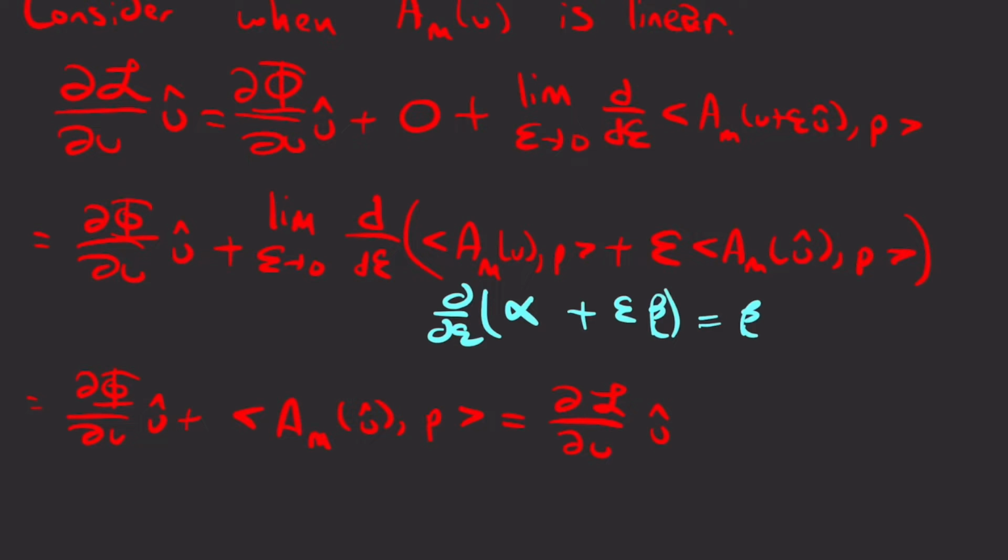Now, if I want to actually compute the Frechet derivative of this, in other words, I want to abstract out this u hat: we've computed the Gateaux derivative in the direction u hat, but if I want the Frechet derivative, and the adjoint equation is setting this to be 0 for a stationary condition, I have to vary u hat over all possible cases. But in this case, I'm not taking a dot product with respect to u hat, I'm taking it with respect to p.